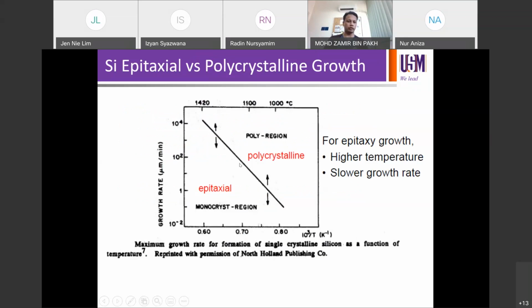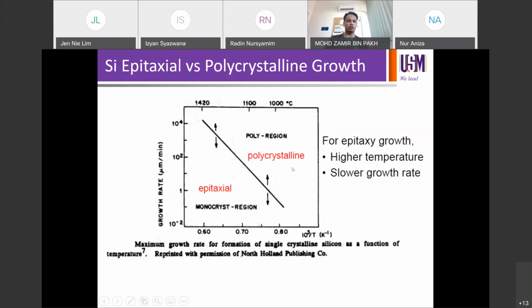Right. So if you look at the growth rate versus reciprocal of temperature, normally you have growth rate on the y-axis and temperature on the upper x-axis, and the reciprocal is on the bottom side of your x-axis.